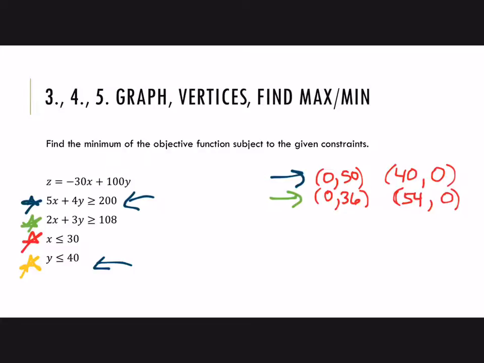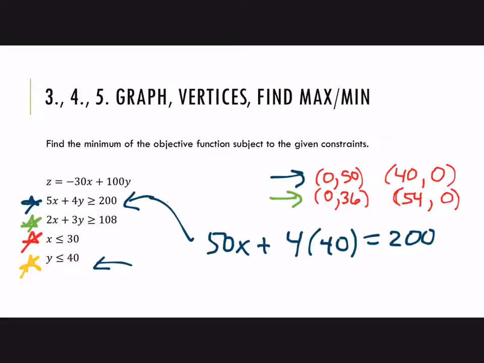I know y is 40, so I'm going to plug that into the first equation. So 5x plus 4 times 40, and temporarily I'll pretend that that's an equal sign, and solve for x. So I get 5x plus 160 is 200, which means 5x is 40.